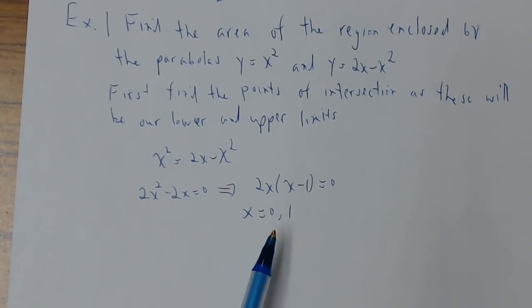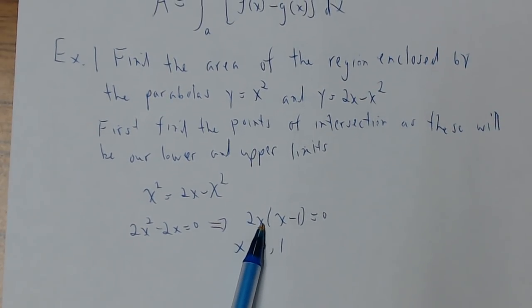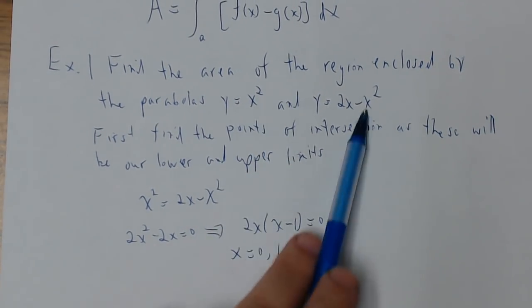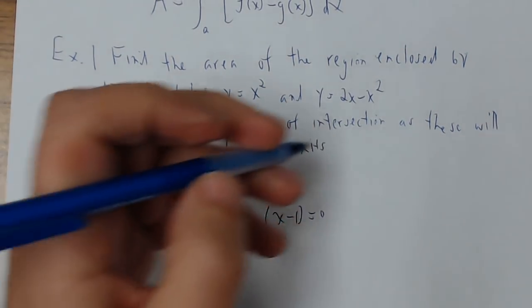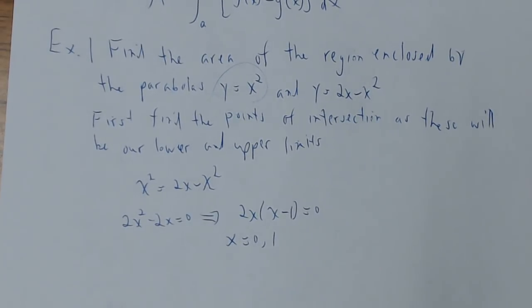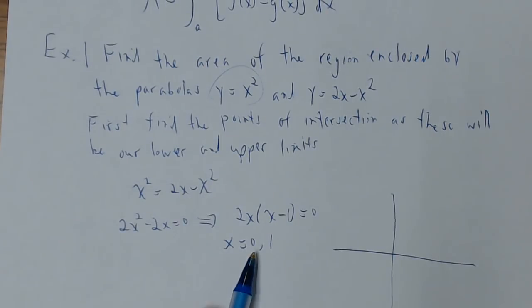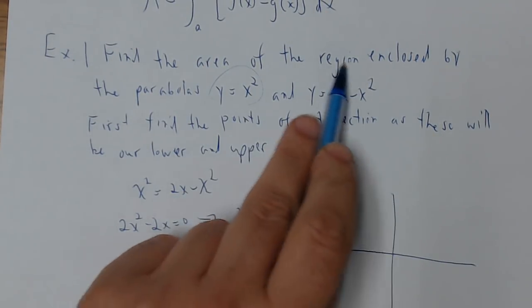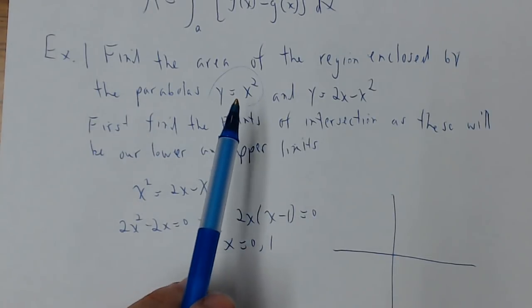So now we need to decide what's the curve on top. If we look at these, y equals x squared, we have an idea as to what this looks like, right? Because y equals x squared, and I care to go from 0 to 1. If I were to graph this, it'll be easy to see what's going on. But you don't have to graph this to know which curve is above the other.